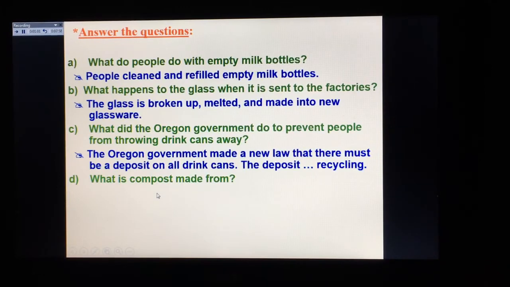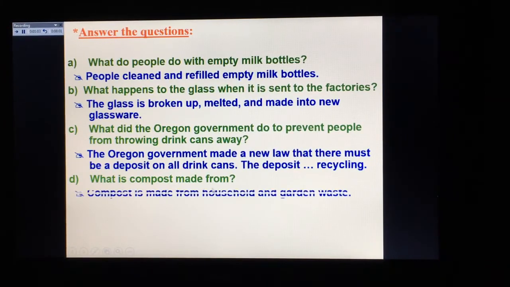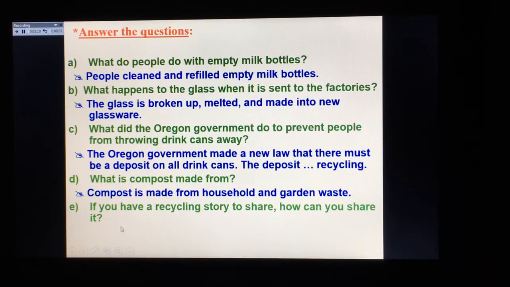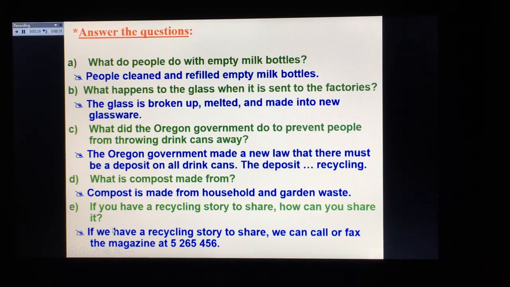And what is compost made from? Yes, compost is made from household and garden waste. And E, question E, if you have a recycling story to share, how can you share it? For example, if we have a recycling story to share, we can call or fax the magazine at 5265456.